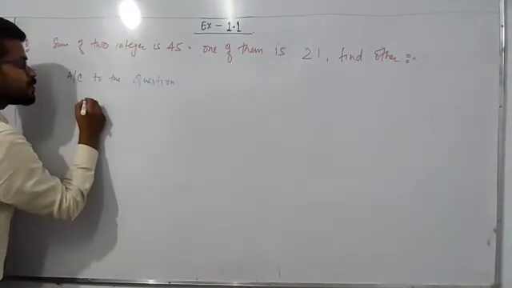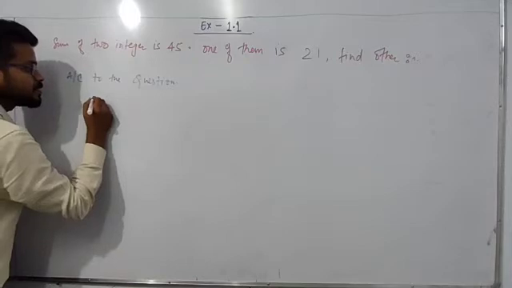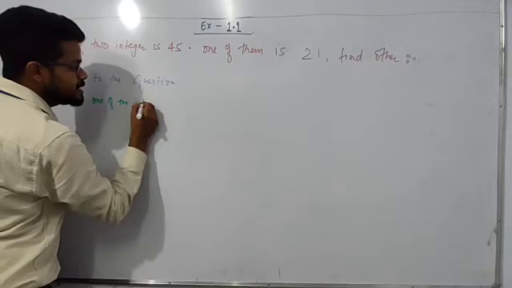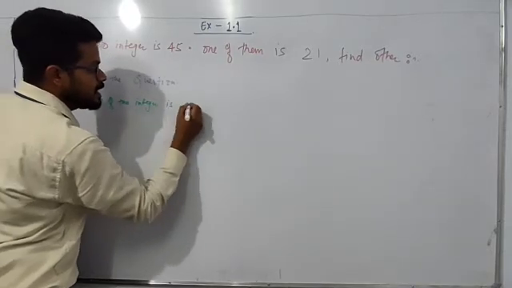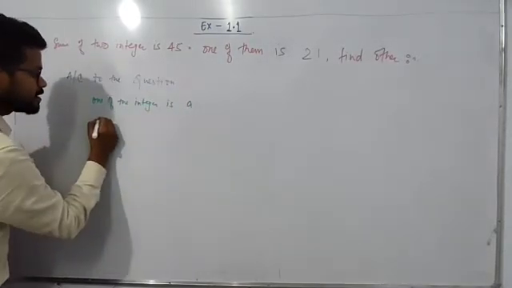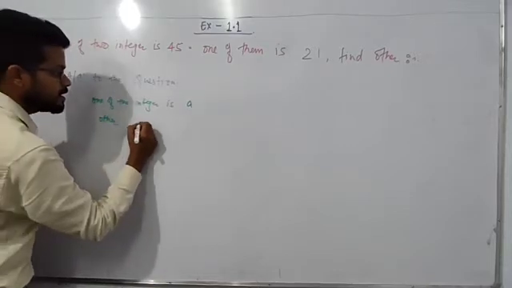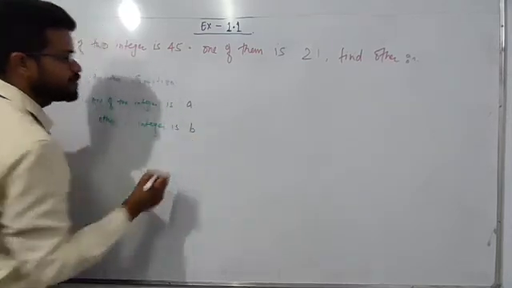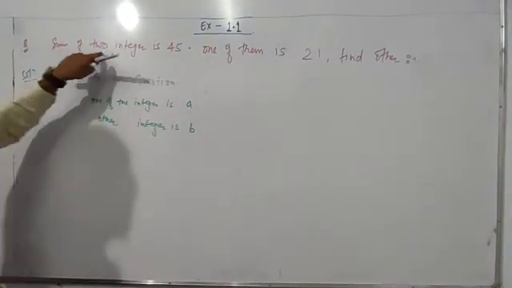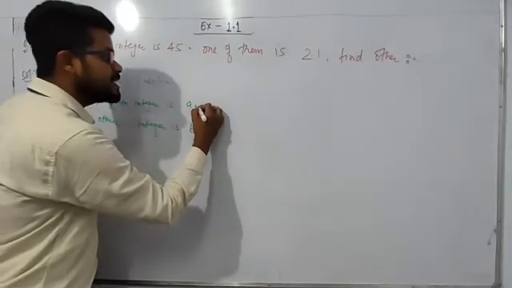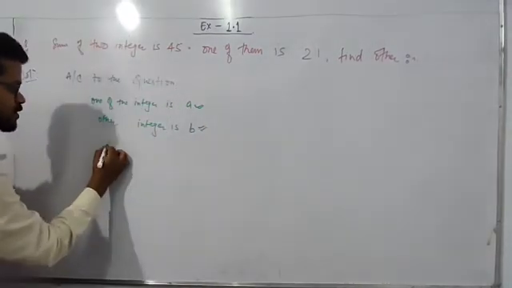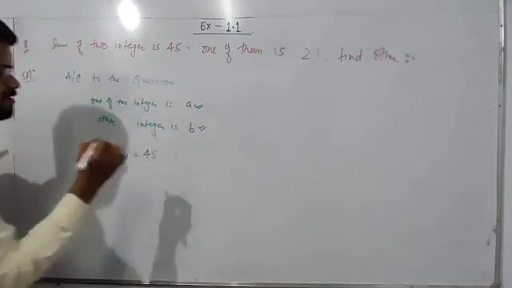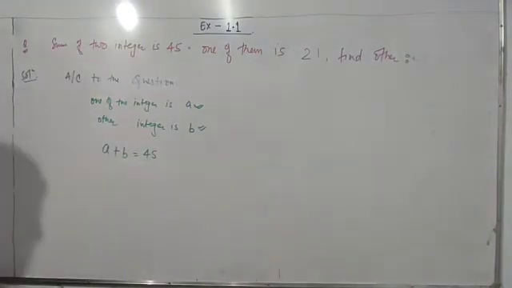Take it, one of the integers is a and the other integer is b. Now according to the question, sum of two integers. Here one integer is a and the other one is b. So a plus b is equal to 45.